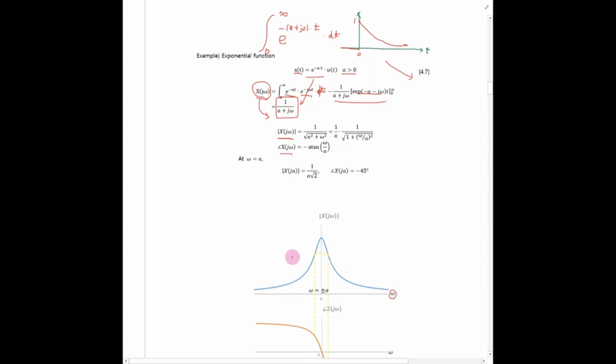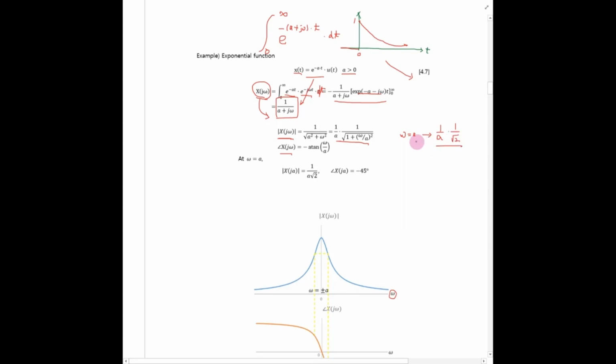Okay, then we can get this value. And when omega equals a, this value becomes 1 over a times 1 over square root 2.